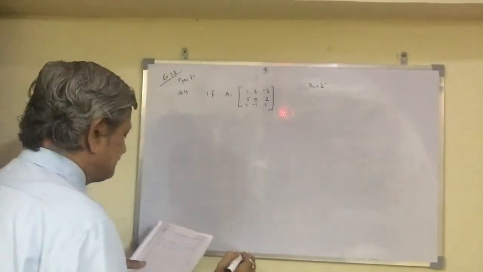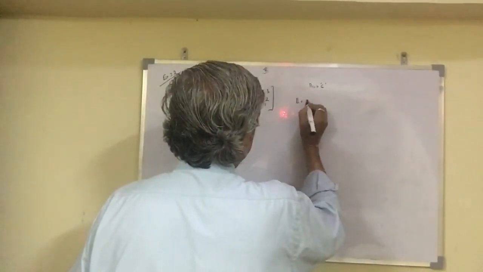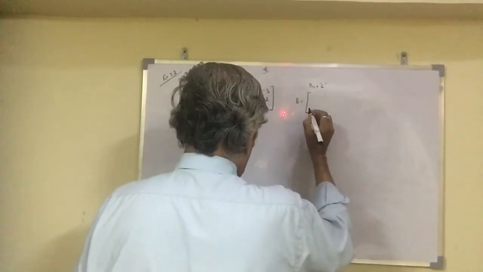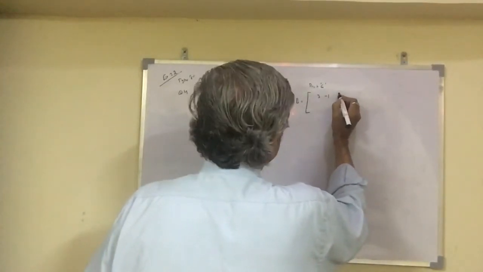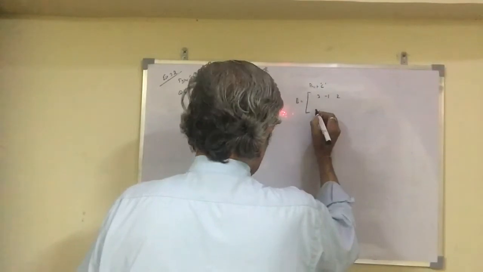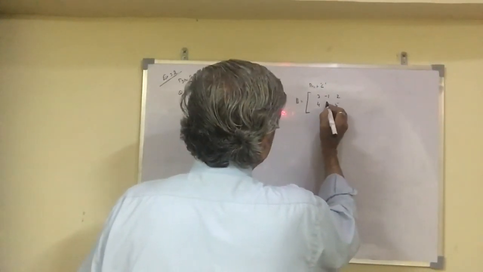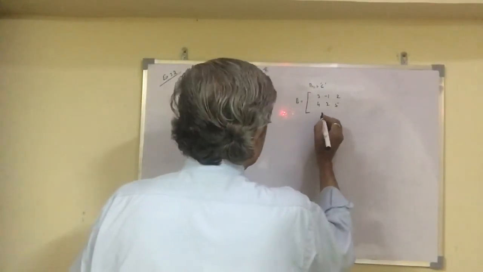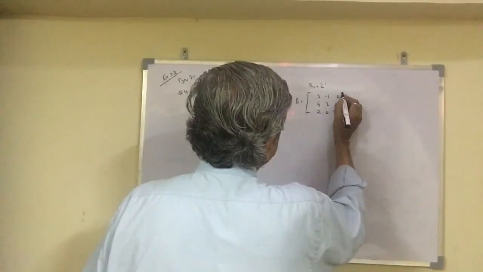If A is this, then B matrix is 3, -1, 2, 4, 2, 5, 2, 0, 3.